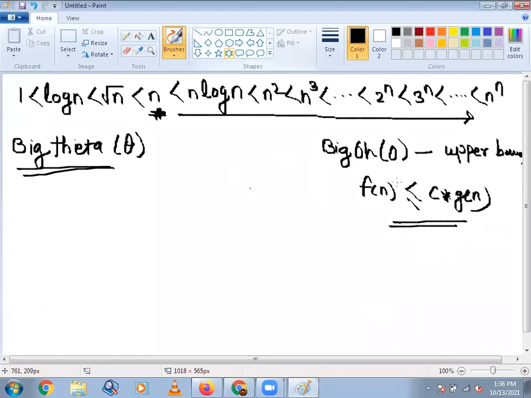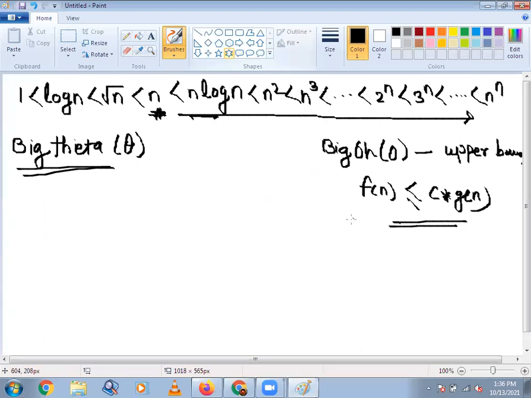If n is the average value or satisfying value, and we put values to the right side of n, that is the uppermost values, this will satisfy.